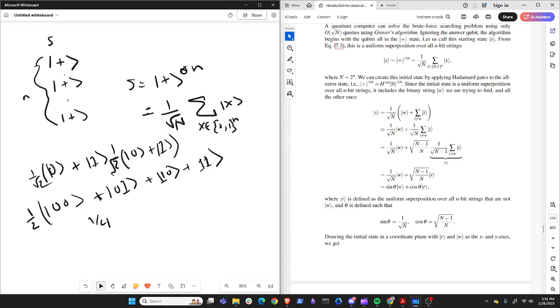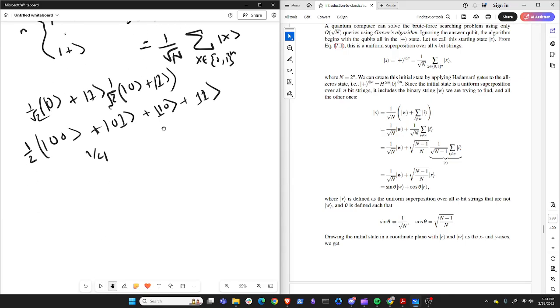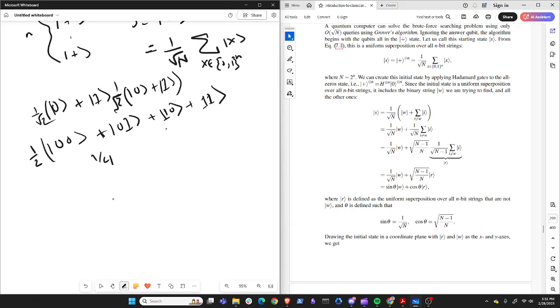So this initial state is a superposition of all of the n-bit strings we can get. Let's say n is equal to 3. We would have 0 0 0, 0 0 1, etc., all with an equal amplitude and an equal probability of occurring.